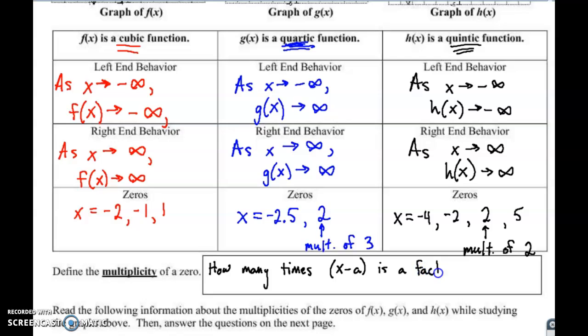And the clue that you're looking for is in the exponent. So I'm going to write m for multiplicity as your exponent. Because if it's a multiplicity of 2, the exponent would be 2. So like this example, let me go back to blue since I wrote it, would have been x minus 2 cubed to have a multiplicity of 3.